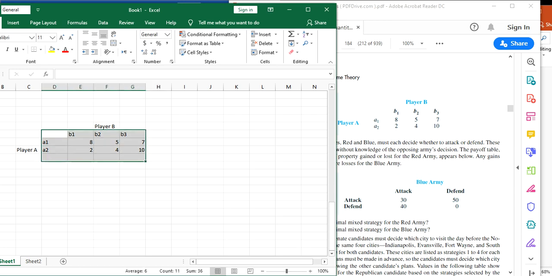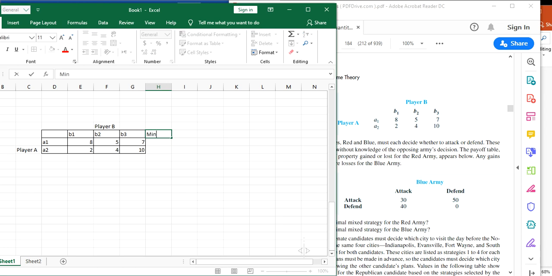So now we will apply the pure strategy over here. Okay, we find minimums over here. The minimum is 5 here, and the minimum over here is 2. Okay, and we find the maximum of the columns over here: 8, 5, 10.